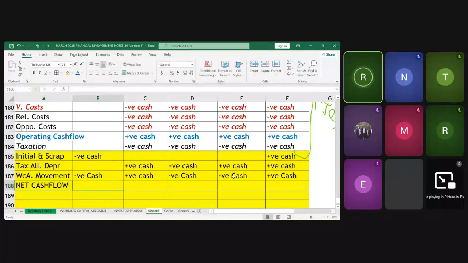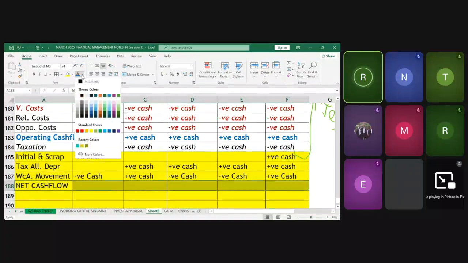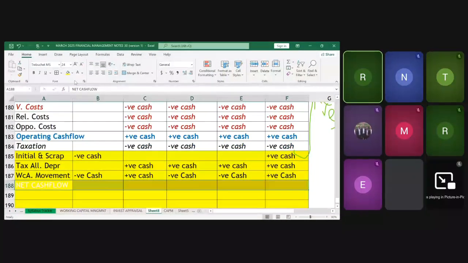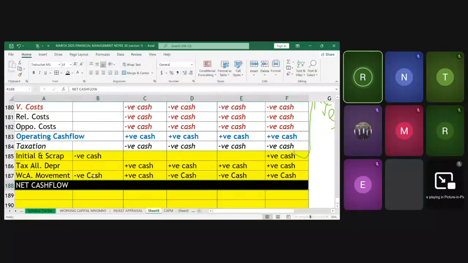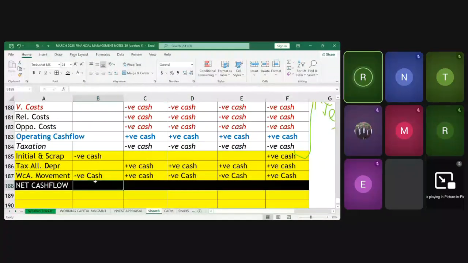So my net cash flow now, I'm going to add from operating cash flow, right? From operating cash flow to this net. So I'm going to add there, I get my negative here, negative cash, right? I anticipate to have positive cash, right?